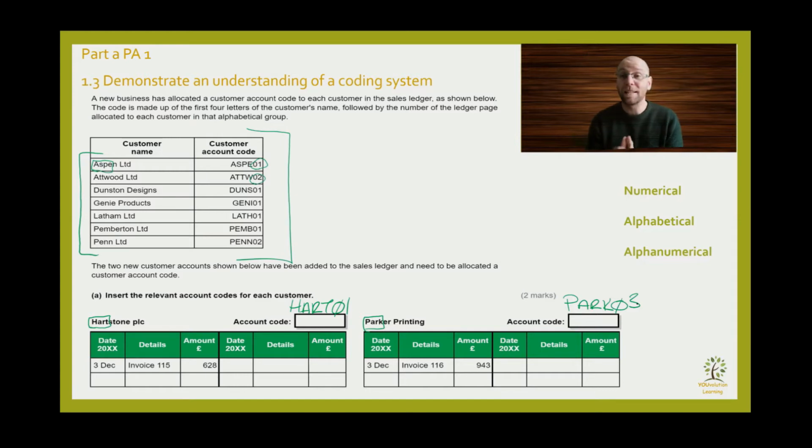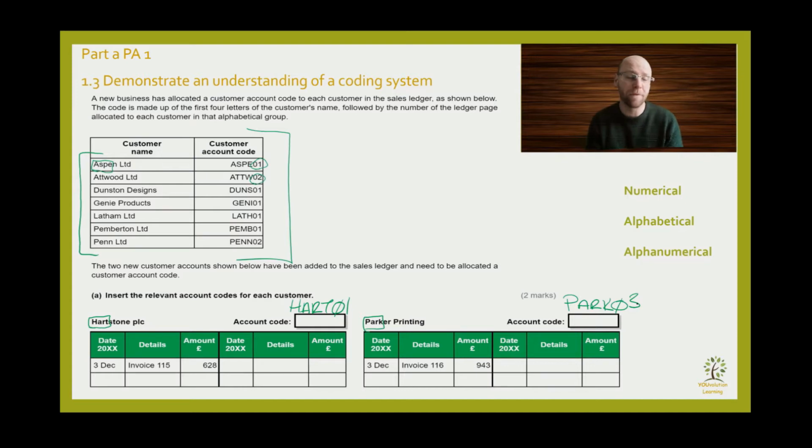So as we can see, the examiner was saying this is one of those areas that students really struggle with in terms of getting the customer account codes correct. But we can see from what we've read from the question that it's made up of the first four letters of the account name and then the ledger page number. And then we just use the information in the task to understand how that numbering system is working.